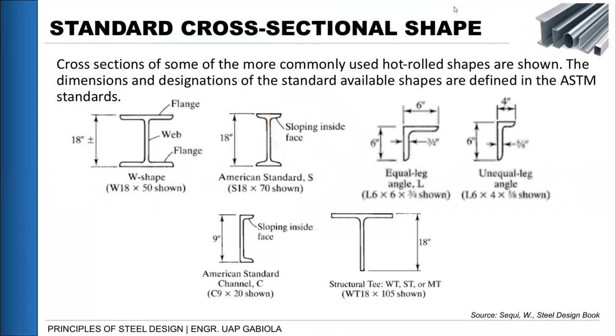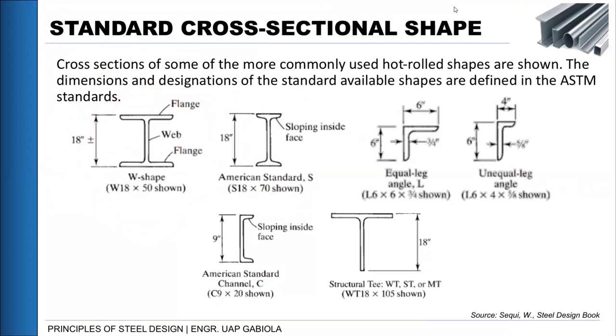Okay. In general, we are using W-shaped sections because this is more prevalent here in the country. Okay, and more suggested or more usable because of the width of the flange.